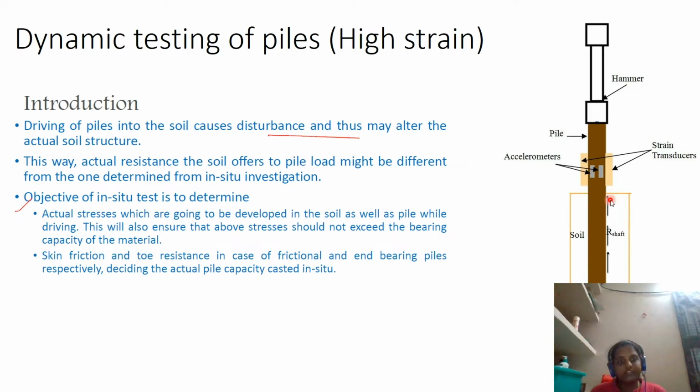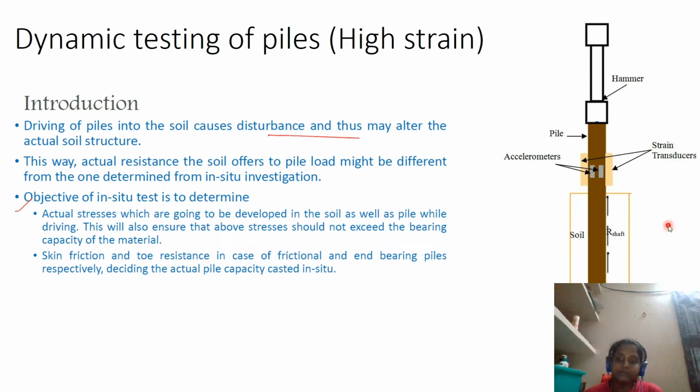So the objective of the in situ test is to determine the actual stresses which are going to be developed in the soil as well as the pile while driving. This will also ensure the above stresses do not exceed the bearing capacity of the material. Both the strength of the soil and the strength of the material should not be exceeded. So the skin friction and toe resistance, in case of frictional and end bearing piles, decide the actual pile capacity cast in situ.